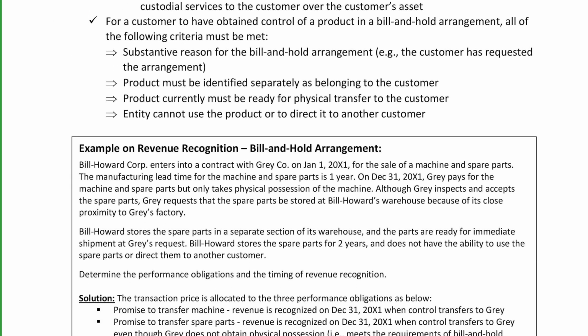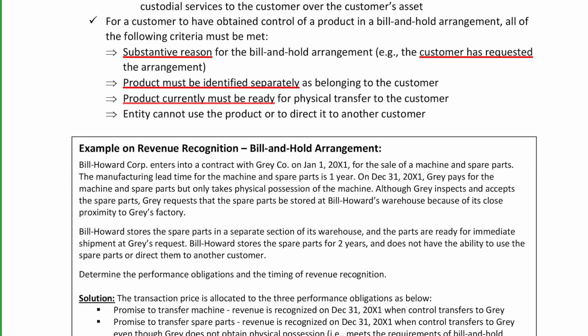And for the customer to have obtained control, all of the following criteria must be met. The first one, there should be a substantive reason for the bill and hold arrangement. For example, the customer has requested the arrangement. Product must be identified separately as belonging to the customer.